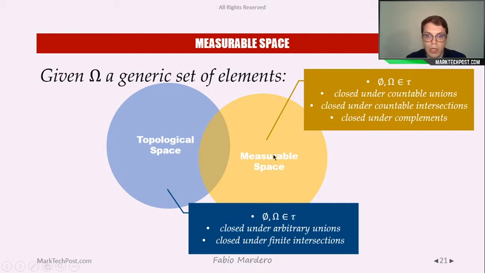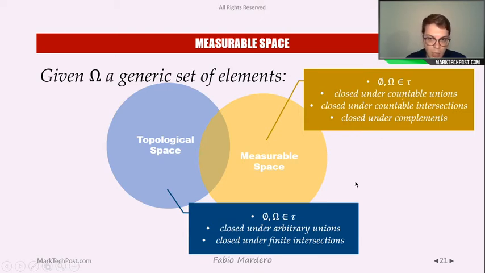Then the measurable space is closed under complementation, which is not required in the topological space. And then we have similar closures under countable unions and intersections, but in the topological space we have arbitrary unions and finite intersections, and here we have countable unions and countable intersections.